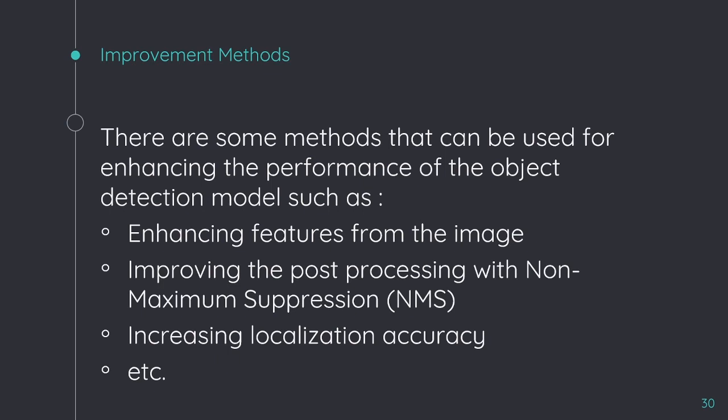So we extract more features from the image with better filters, and then improve the post-processing with non-maximum suppression to reduce the workload of the model, and then increase the localization accuracy in the dataset by using more accurate localization of the bounding box, etc.